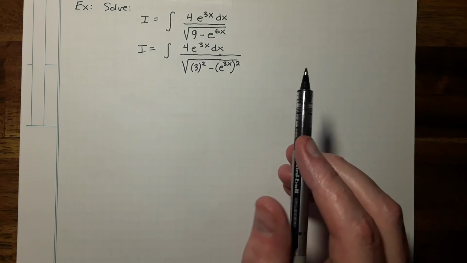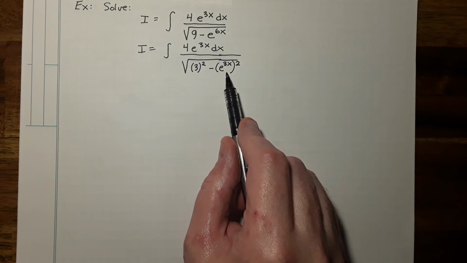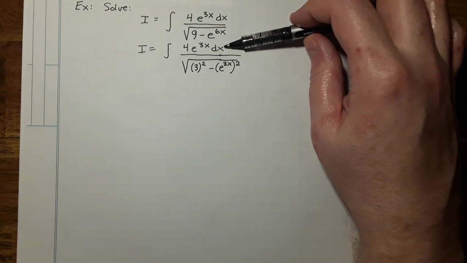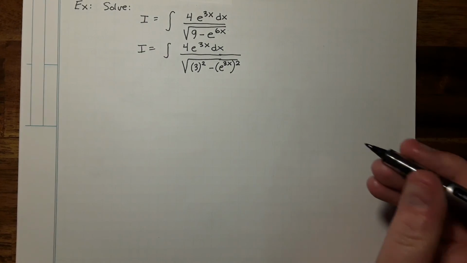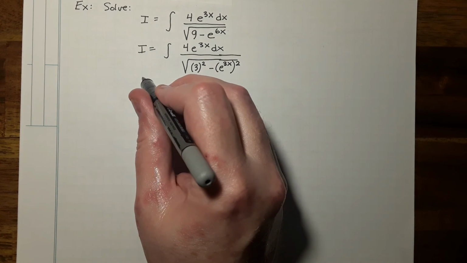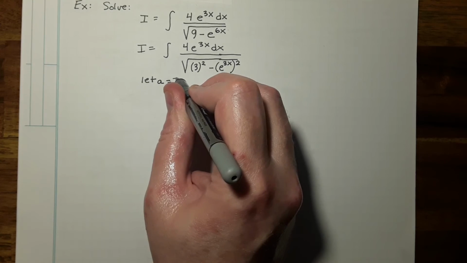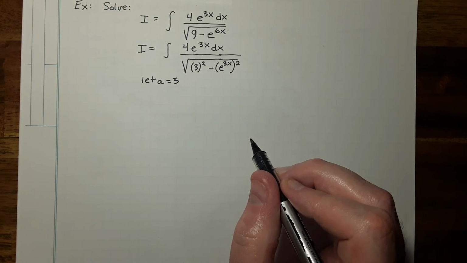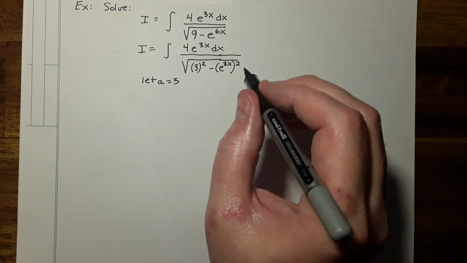Suddenly, look what has happened. The e to the 3x that is in this bracket now has a function differential with the e to the 3x dx that is in the numerator of this expression. So if I do the following substitution, let a equal 3, because that is the constant that's in front, as a perfect square in that difference of squares.